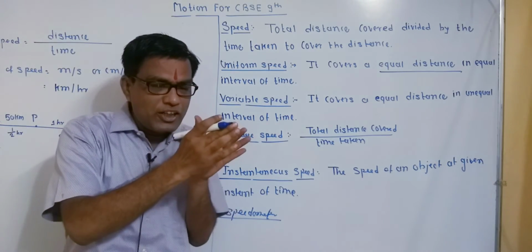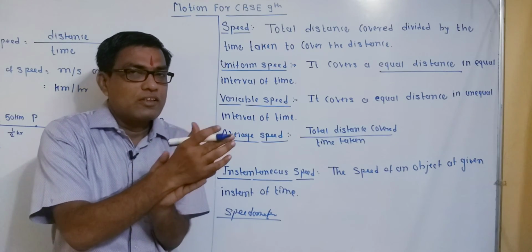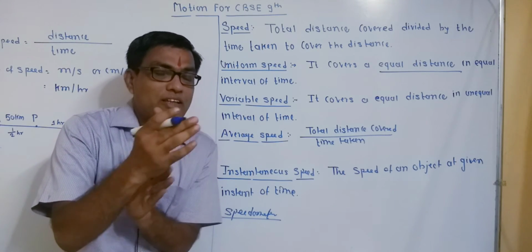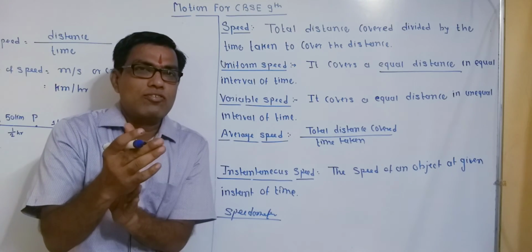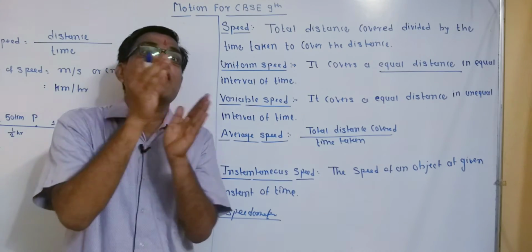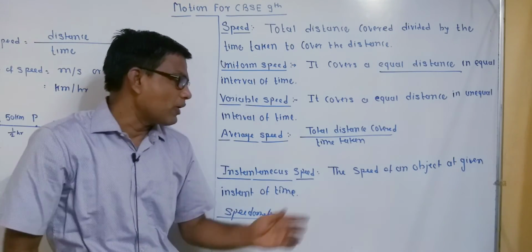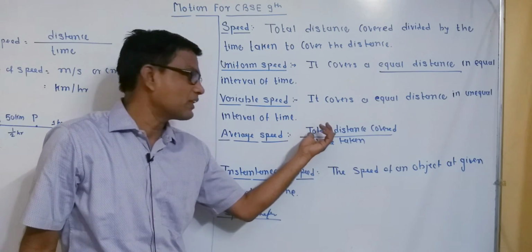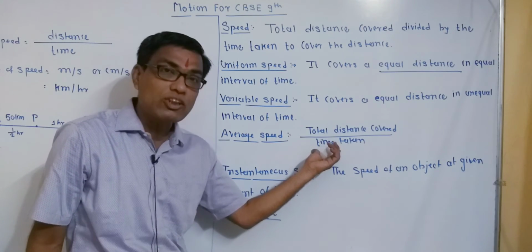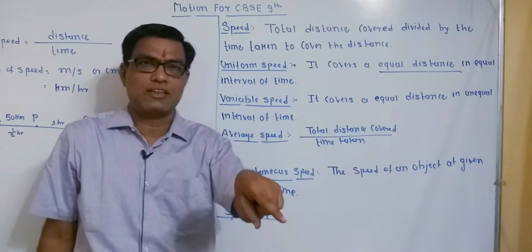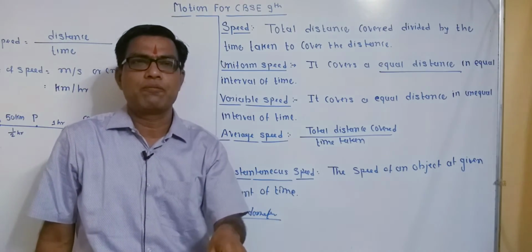Means each and every time the distance covered by the body is different in a different time interval. The body covers a different distance in a different time interval. That's why we can take the average speed of that body.